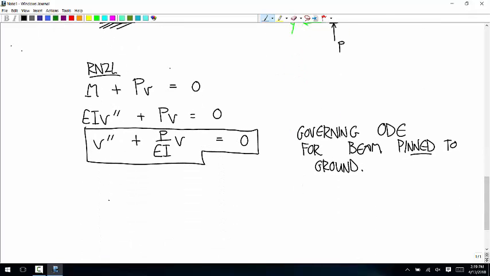And so now we need to come up with a general solution for this differential equation. And this ordinary differential equation with a double prime plus something times the dependent variable itself is equal to 0. That's the exact same form that we're starting to talk about in dynamics. So this is just like mechanical vibrations in dynamics.